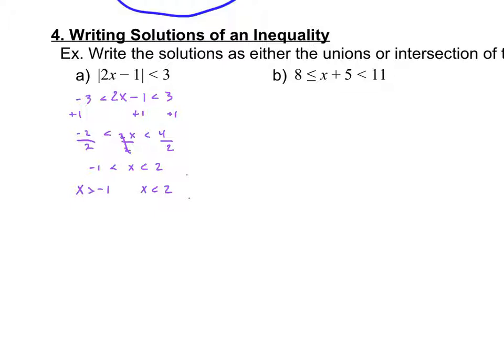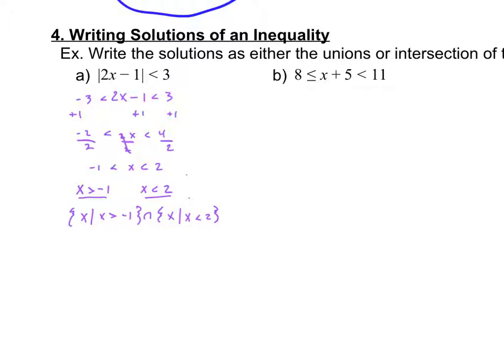So we can write it in set notation: x such that x is greater than -1, and all values of x such that x is less than 2. There you go. That's how we'd write that in set notation, showing that x is greater than -1 and x is less than 2, and that is a combination or an overlap to meet the requirements.